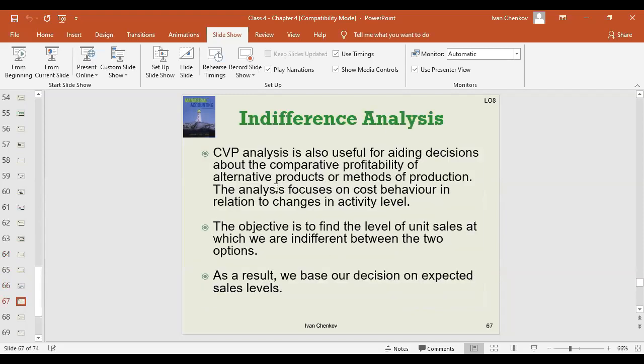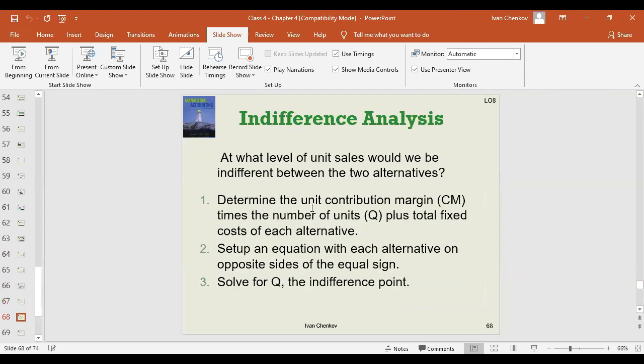Now, in different analysis, cost volume profit analysis is also useful for aiding decisions about the comparative profitability of alternative products and methods of production. At what level of unit sales would we be indifferent between the two alternatives?